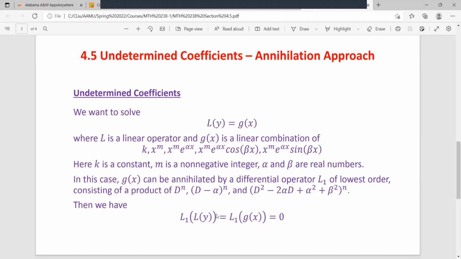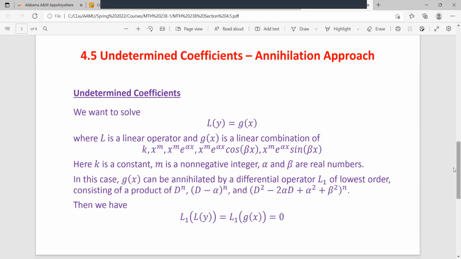So this L1 will consist of these products: D to the n, where D is the first order derivative, so D to the n essentially means the nth derivative, or (D minus alpha) to the n, which means you take the derivative and subtract the constant, applied n times. Or you have the form (D squared minus 2 alpha D plus alpha squared plus beta squared) to the n. Again, you apply this whole thing n times sequentially.